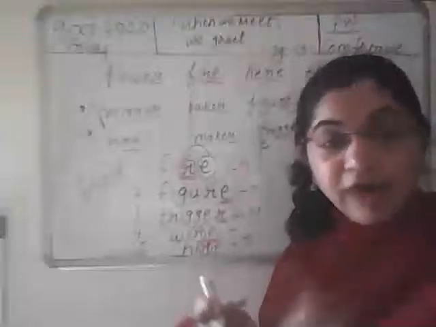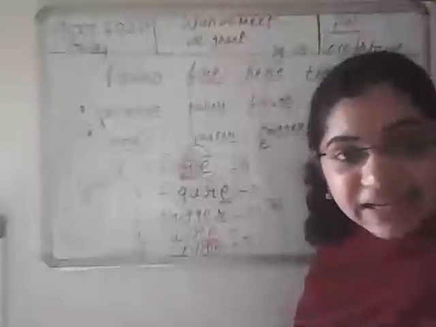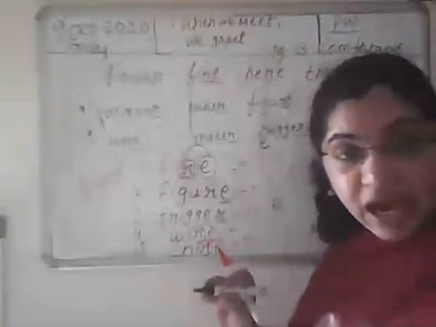Let me repeat the example again. P-I-N is pin. The short vowel sound of I is E. P-I-N, pin. So here, P is P, and I-N, we are saying in. Yes, pin.